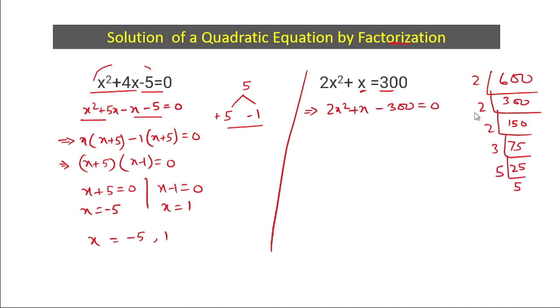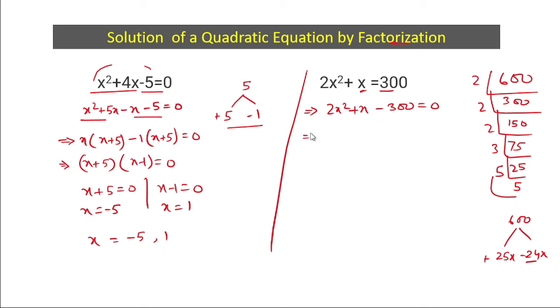So if we multiply 2 2 is 4, 4 2 is 8, 8 3 is 24, and we can say this is 25. So 600 in such a way that one is 25, another is 24. So we can write it as plus 25x and minus 24x.